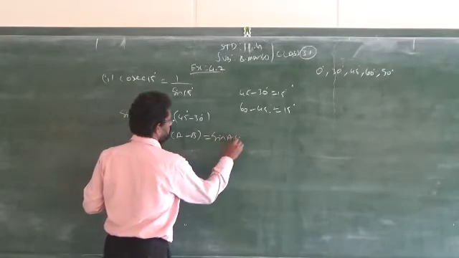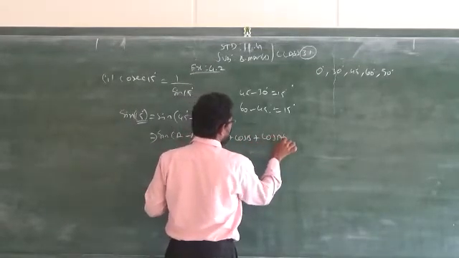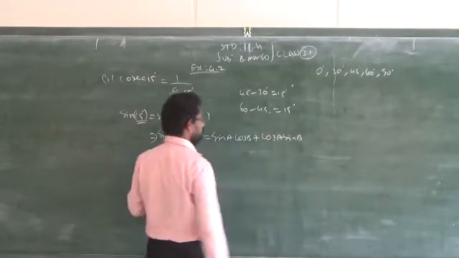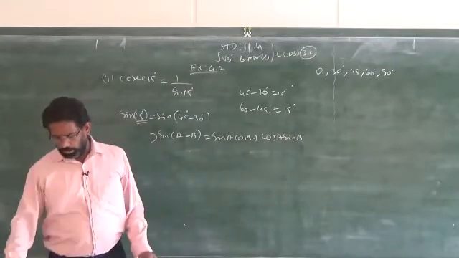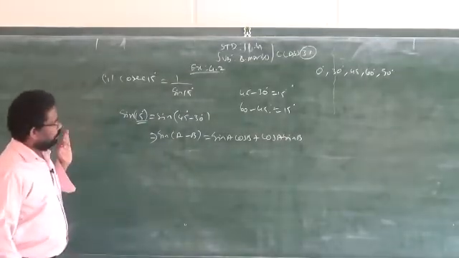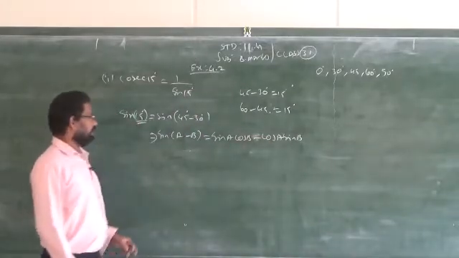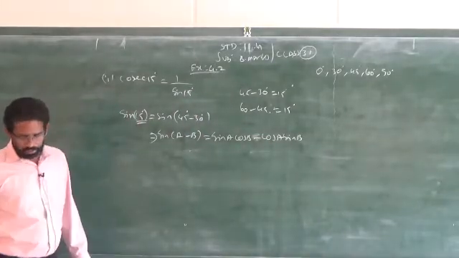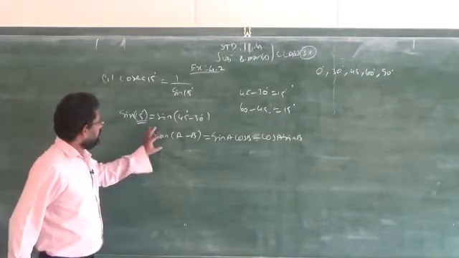Sine A cos B minus cos A sine B. You may interchange sine B cos A, that is nothing wrong, but here it is minus, so you have to write the minus sign.